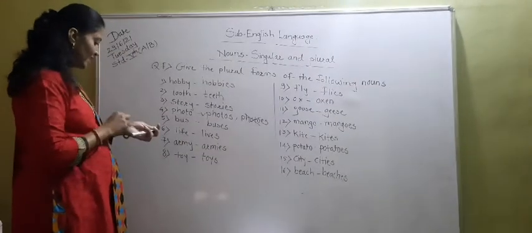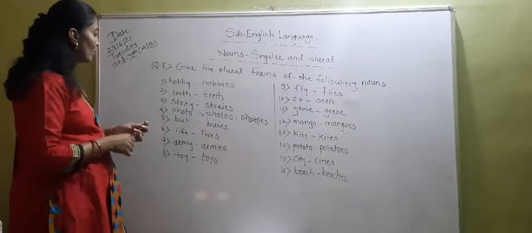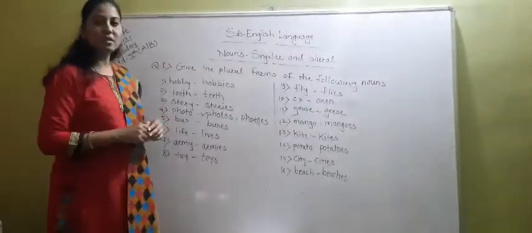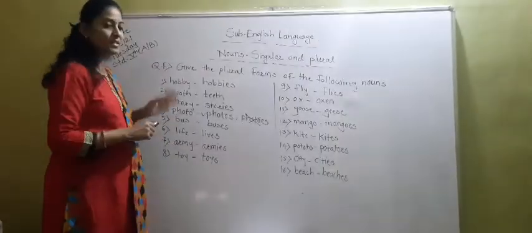If you are writing P-H-O-T-O-E-S, then it is wrong. So instead of that, you have to write here photos, P-H-O-T-O-S. This is correct. So these little things we have to keep in mind when we are writing the plural of the given nouns. I hope this is clear to you.